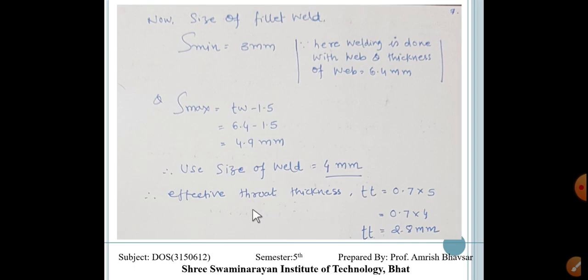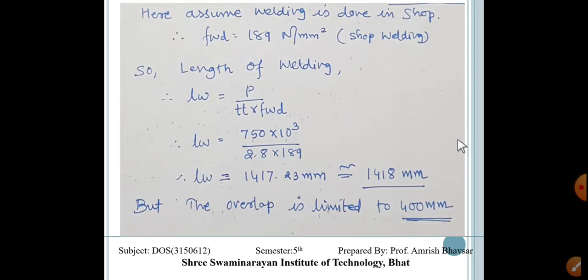Whenever we get S, we must find the effective throat thickness, and for that we have an equation. So we will get the throat thickness as 2.8 mm. Now assume the welding is done as shop welding, because here we don't have any criteria. For that FWD is equal to 189 Newton per mm square.